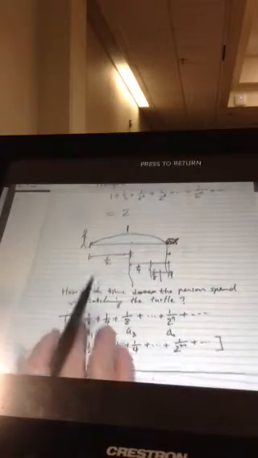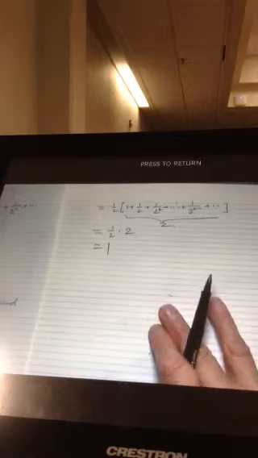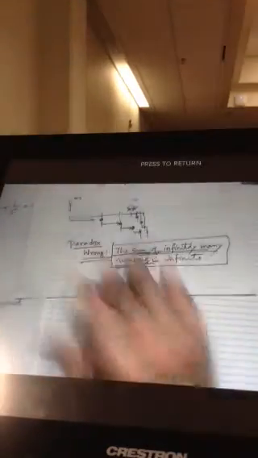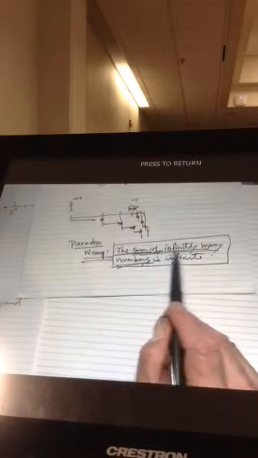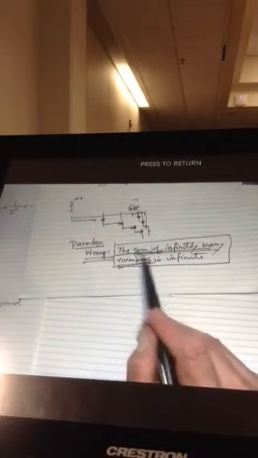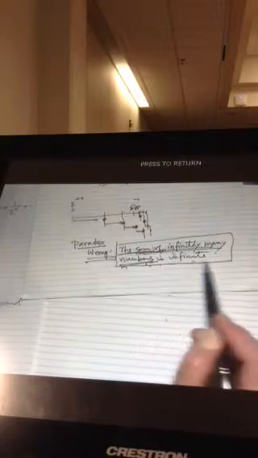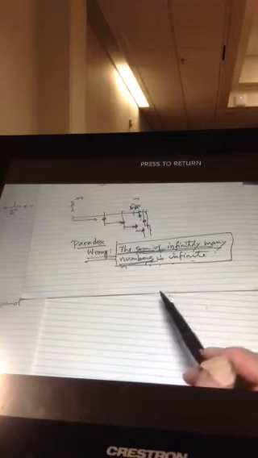Anyway, this is why the concept is very important: how do you add up infinitely many terms? The sum of infinitely many numbers is not infinite. That's the idea, okay?